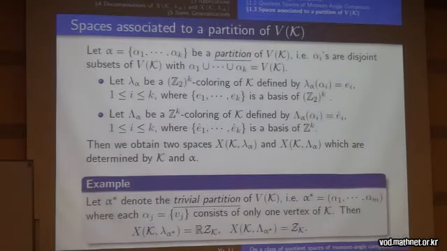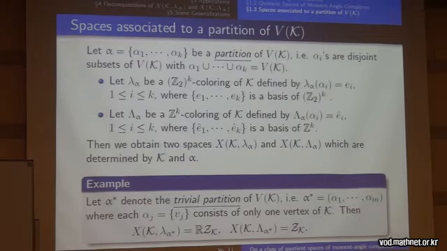Okay, and next I want to give you some idea of what I'm going to talk about, because in my talk I will talk about a special class of quotient spaces of real moment-angle complexes and moment-angle complexes. So here you can see that I draw the boundary of a hexagon.